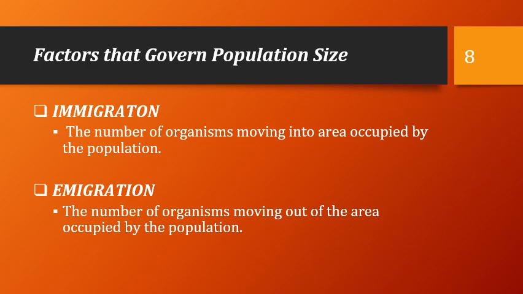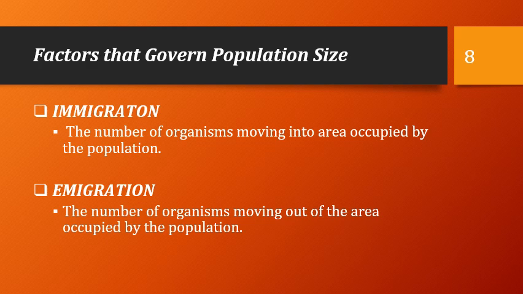So kapag emigration naman, when we say emigration, it refers to the number of the organisms or individuals moving out, okay? Moving out of the area that is currently occupied by the population. So take note that emigration results in a decrease in the population size as individuals leave a population habitat or a territory.